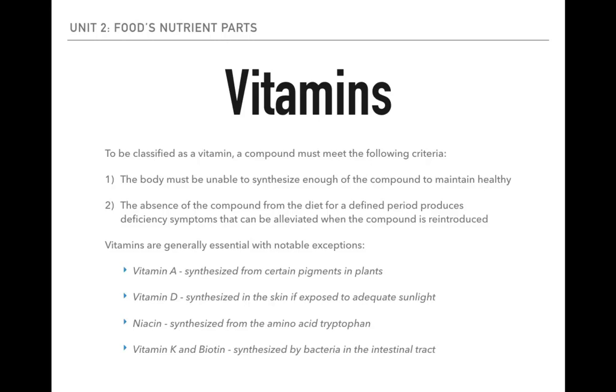So while vitamins are typically essential, meaning that we need to eat them, there are a few instances where we can synthesize them ourselves. For example, we've heard of getting some sunlight to make vitamin D. The idea here, though, is that we can't make enough vitamin D to get us by, as part 1 of our classification says.